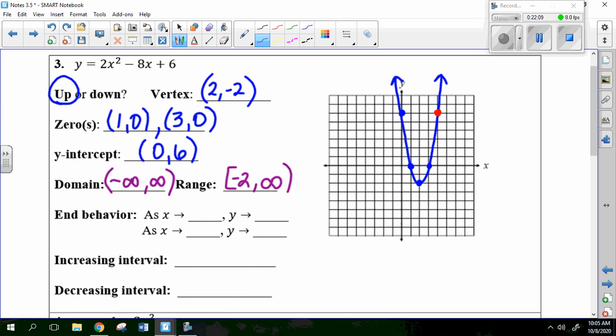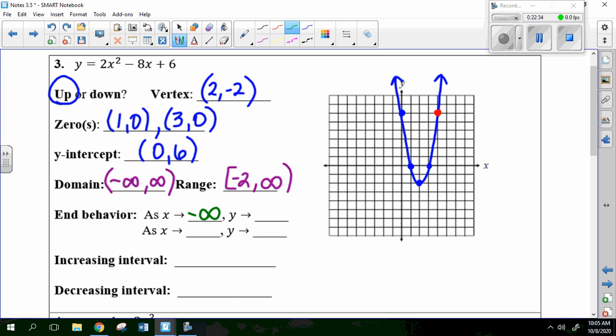All right, somebody different. End behavior. I have a right and a left, yes? Okay, so what do I need in one of the lines next to the x? What goes in one of the blanks next to the x? A negative infinity.